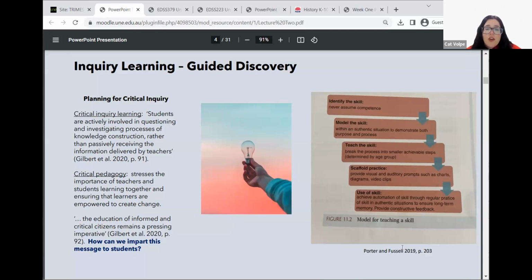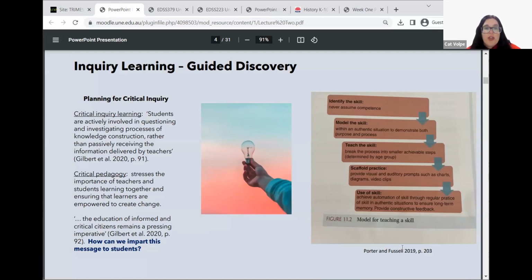So we're going to go through each of these different stages at some point, not this week, but I did want to bring your attention to this model, because I want you to really start thinking about having this model in the back of your mind, because as we go through this unit, every time we talk about a learning activity, you're going to need to be thinking about the types of skills students need to have in order to complete that activity.